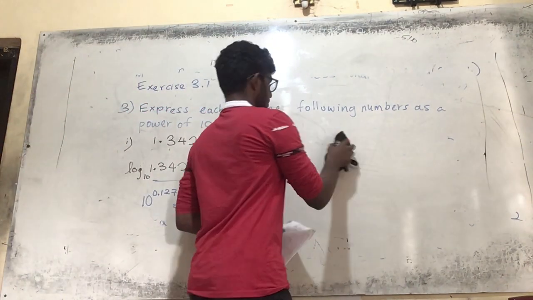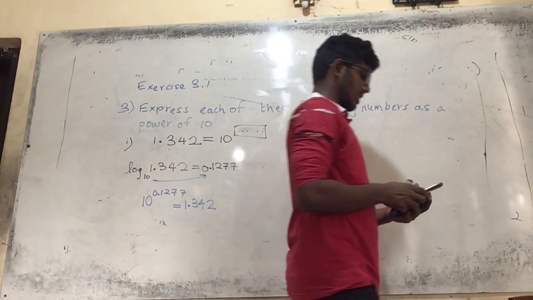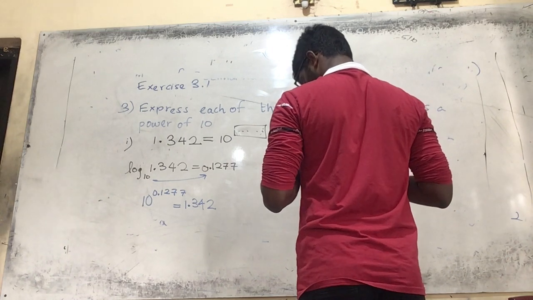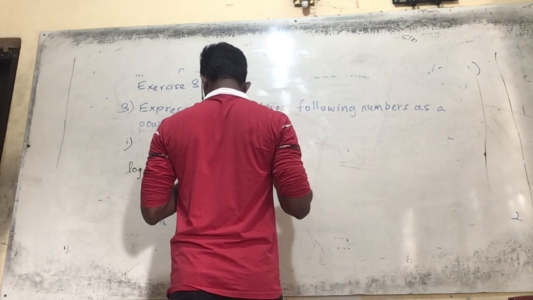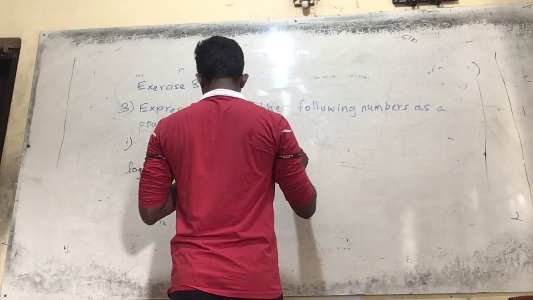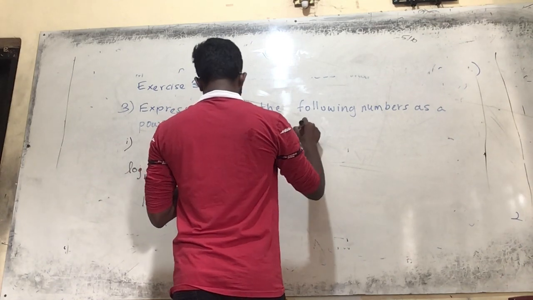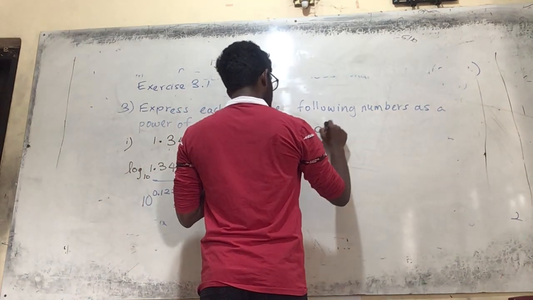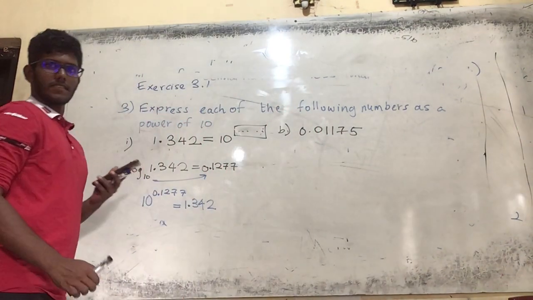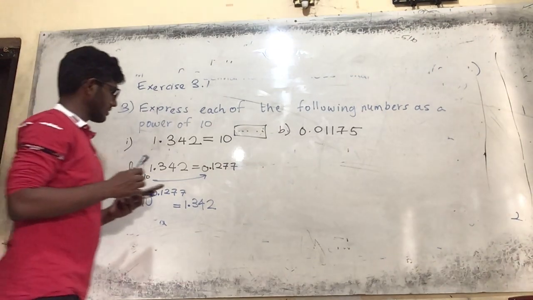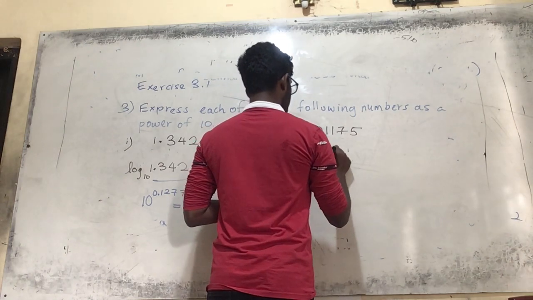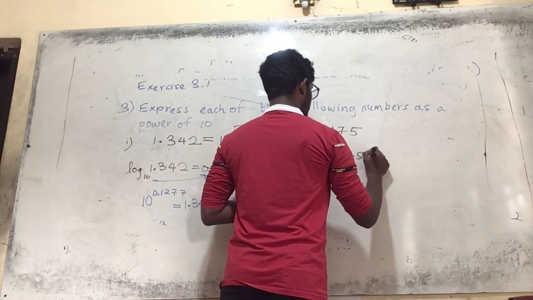Now, in this exercise, I will take part D as an example: 0.01175. So when it comes to that section, log base 10 of 0.01175.